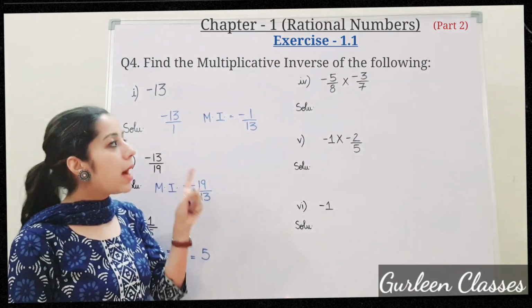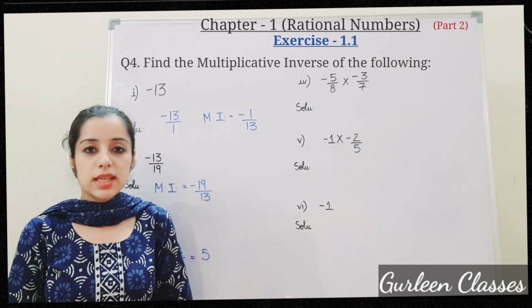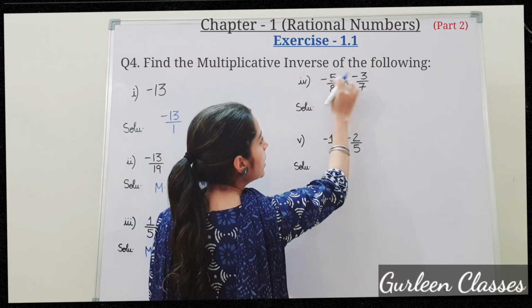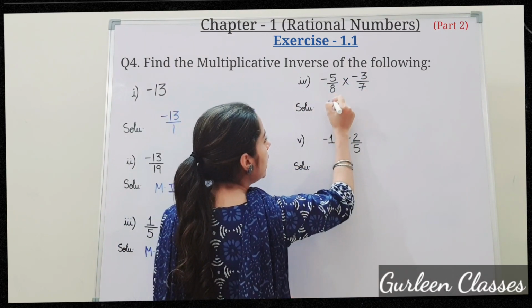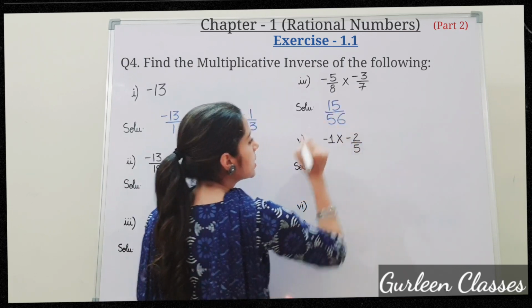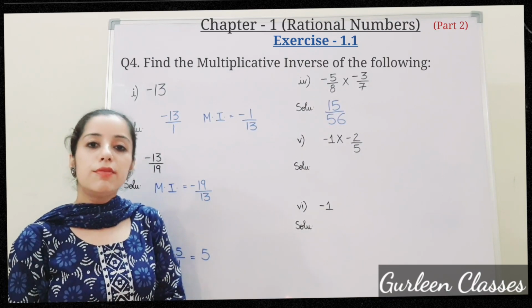Fourth part, minus 5 upon 8 into minus 3 upon 7. So let us multiply. 5 3s are 15, minus minus is plus. So right here 15, 7 8s are 56. So now we will find out the multiplicative inverse of 15 upon 56.